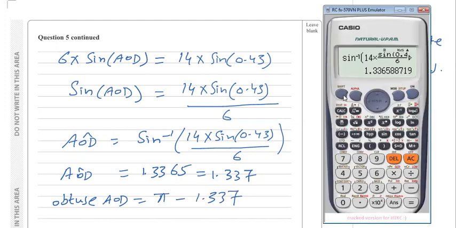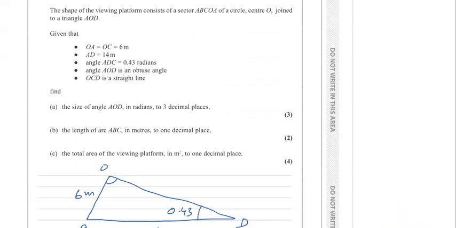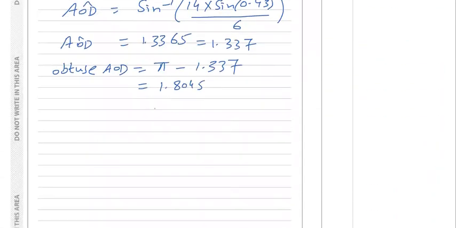Calculating pi minus 1.337 gives 1.8045. But the final answer should be to 3 decimal places, as the question says. So it is 1.805 radians. This is our obtuse angle AOD.